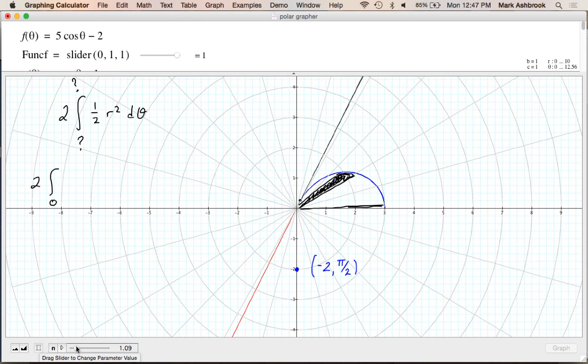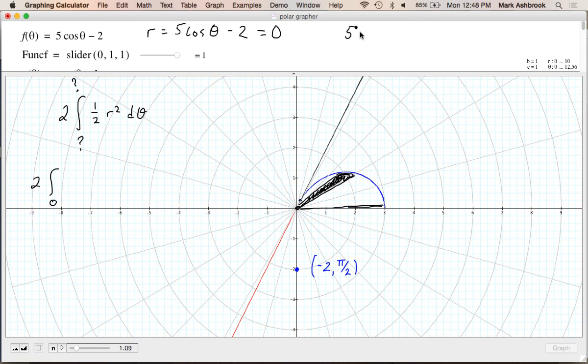You need r equals 0, so set 5 cosine theta minus 2 equal to 0. Right. So here we've got our equation: r is always 5 cosine theta minus 2. What's true about this angle right here? The r value equals 0. We want to know where r hits 0, so we're going to set that equal to 0.